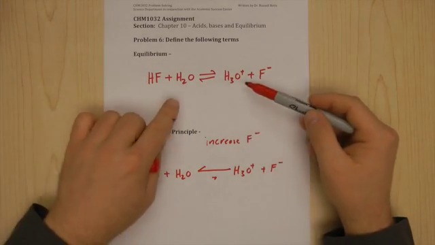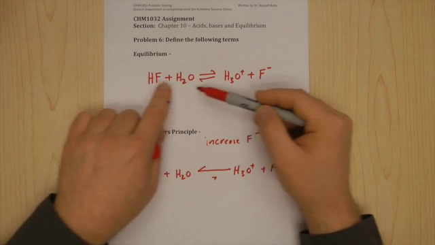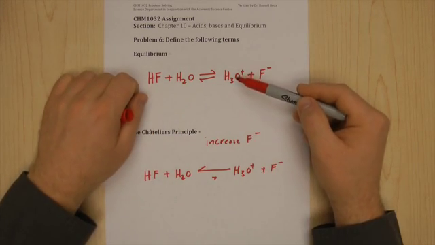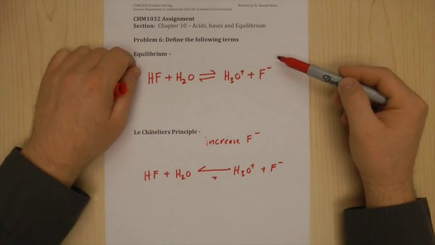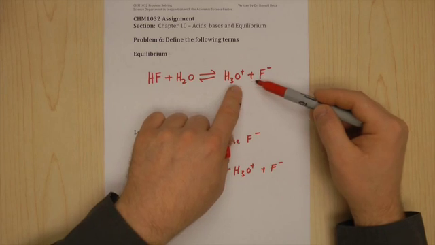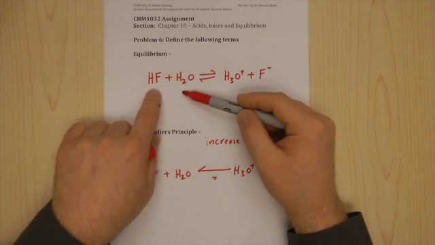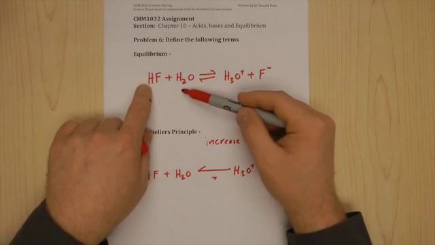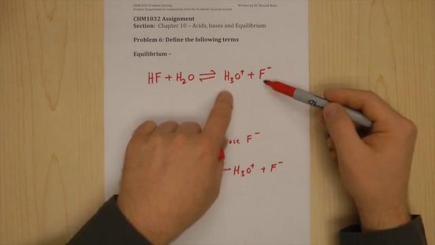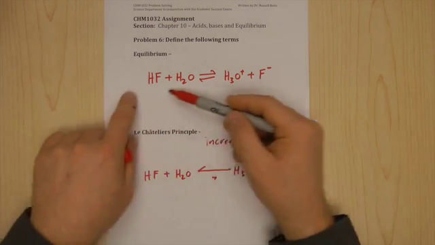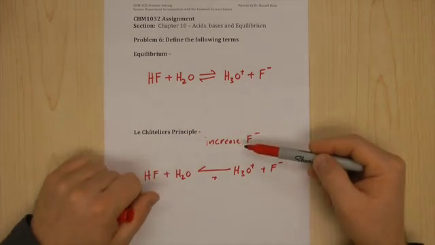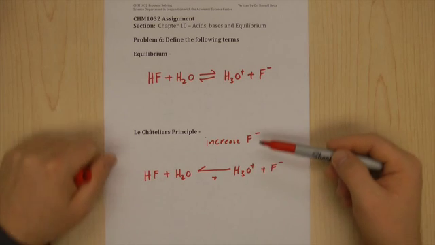So what that means is the forward reaction and the backward reaction are happening at the same time, at the same rate. What does that mean? Well, that means as fast as this reaction is happening to give me my reactants is the same rate that the reactants are reacting to give me my products. And that will go back and forth forever, I suppose, until something happens, until somebody messes with the system.